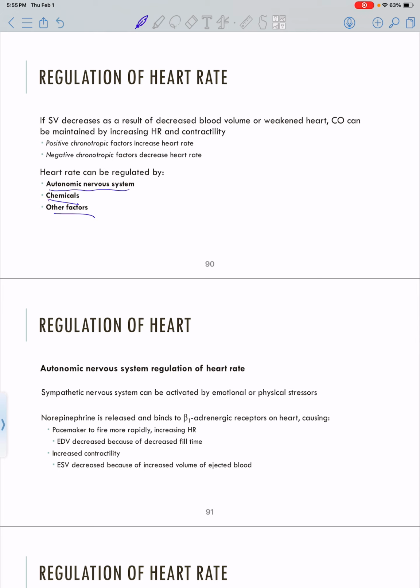So things that can increase our heart rate are called positive chronotropic factors. If you think about chrono means time, you'll realize that that's going to be your heart rate. We talked about positive inotropic agents. Ino means muscle, so those are ones that are going to affect your muscle cells. Negative chronotropic factors are going to decrease your heart rate.